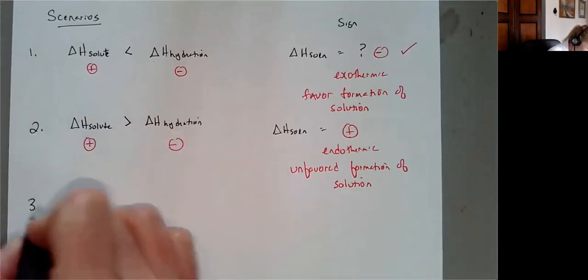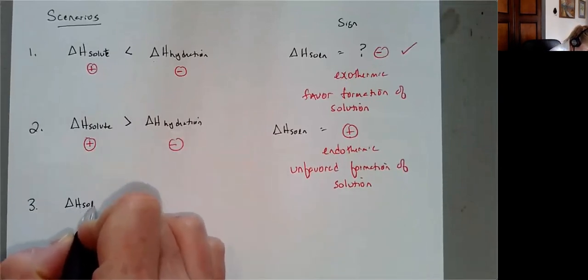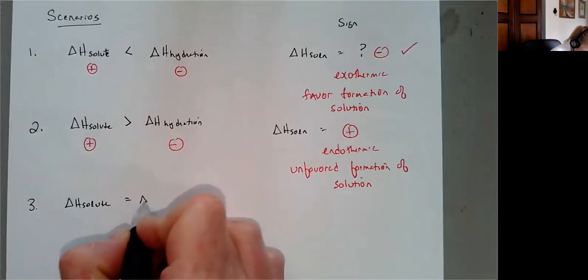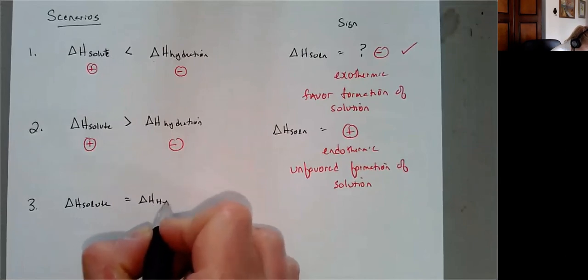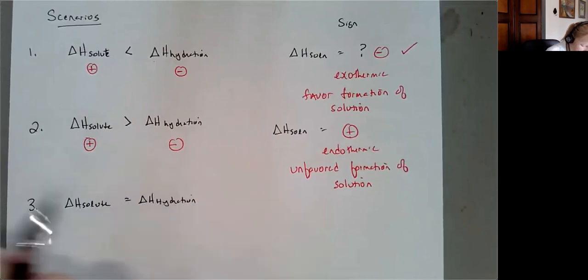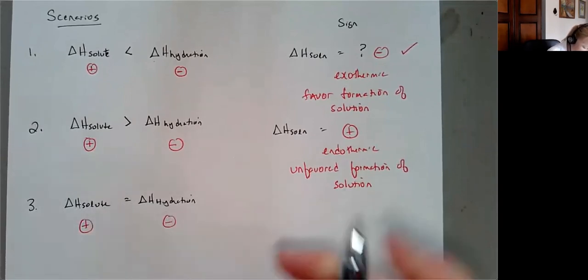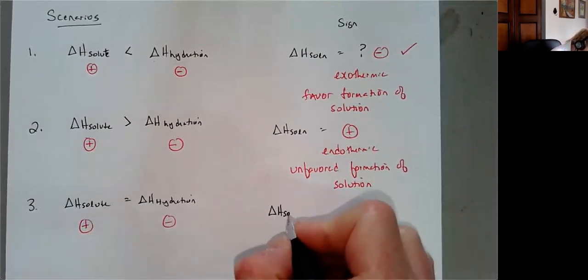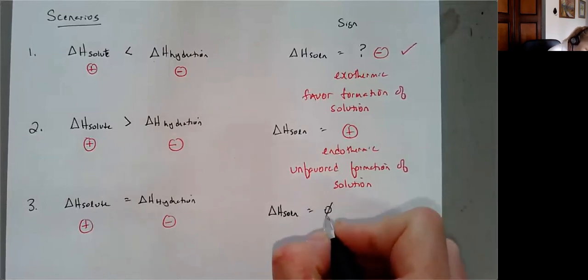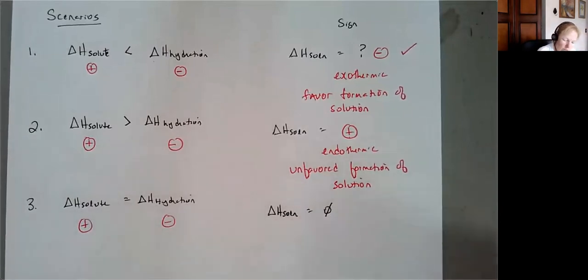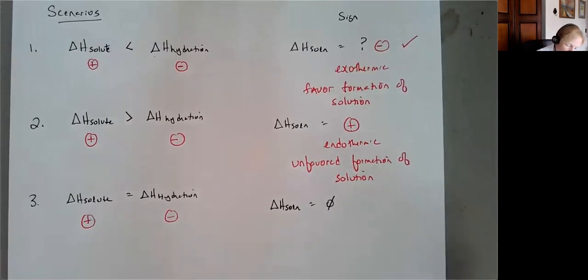And then the third one is delta H of the solute equals delta H of hydration. This is going to be a positive, this is a negative. Now my delta H of solution is equal to 0. So this is neither endothermic or exothermic, so you're not really having an energy exchange.